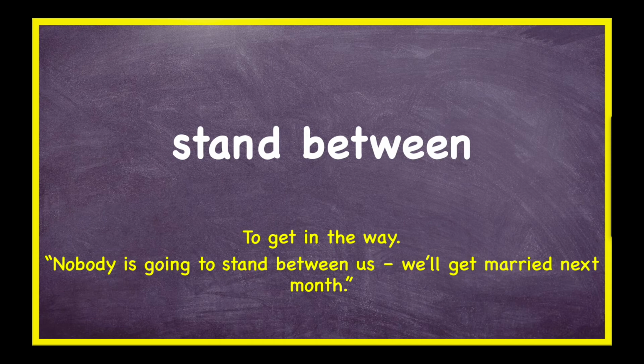We'll get married next month. Right. So that means nobody is going to stop us. Nobody is going to stand between us. Or you can also say, no one is going to stand between me and my dinner, right? I'm going to have dinner no matter what other people say, no matter what other people do. No one will stand between me and my dinner.